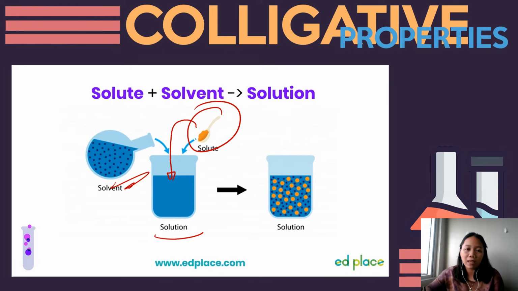So these colligative properties, such as boiling point, vapor pressure, and freezing point, will now change because of the addition of your solute. That's what I mentioned a while ago. A colligative property means it is a collective effect of the addition of your solute in your solvent, therefore having a particular solution.